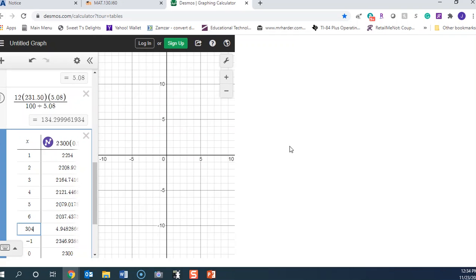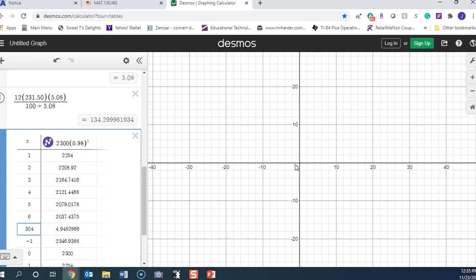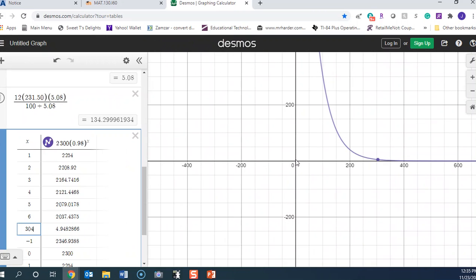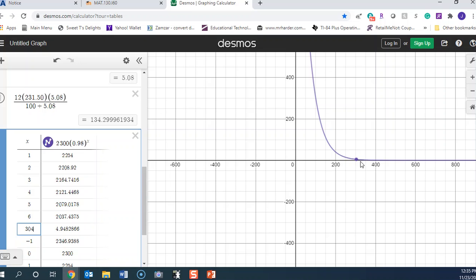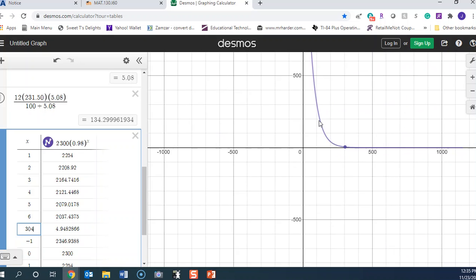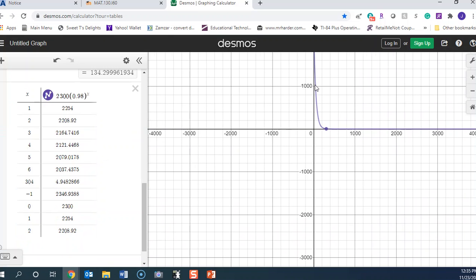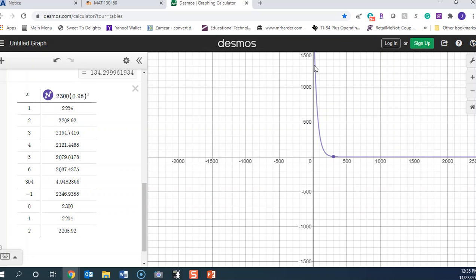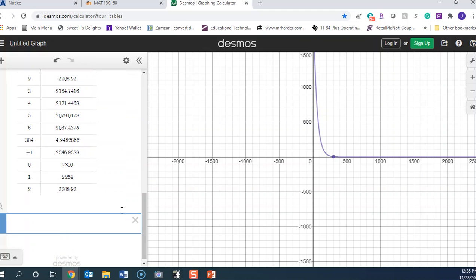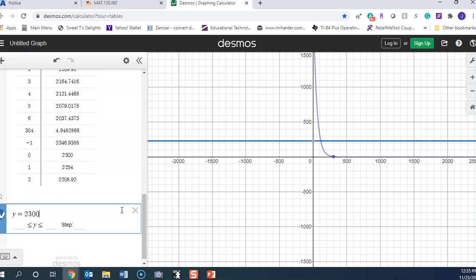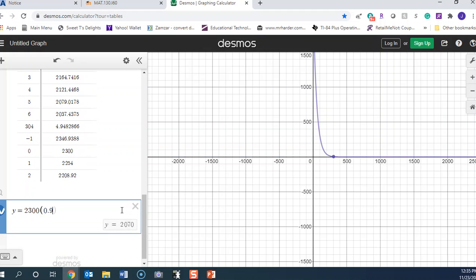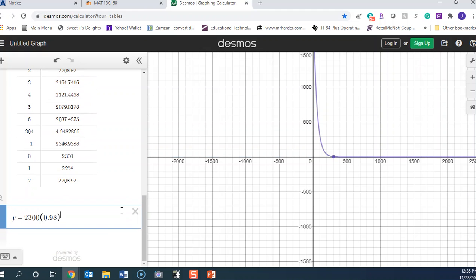Okay. Now, just trying to take a look here. Yeah, we do have a graph here. With this graph, if we want to go where y is equal to 0, you see how far we would have to go in? Oh, that's right. We would have to type the equation out again and then slide on this line. Let me show you this here. So if you type out the equation again, y is equal to 2300 times 0.98 to the x power. Okay, so we got our equation.